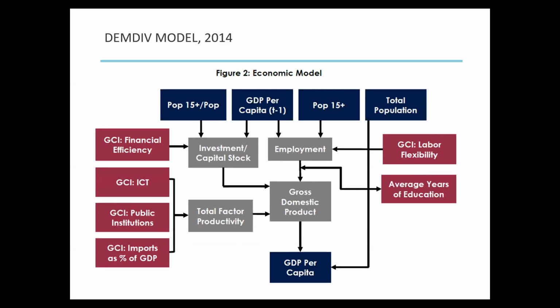You can also, in scenarios, change things related to education, which you can see on the right-hand side, as well as several economic variables. And you can compare different scenarios, ultimately to get at this bottom square at the bottom of this graphic, at a different gross domestic product per capita in 2050. So next slide, please.